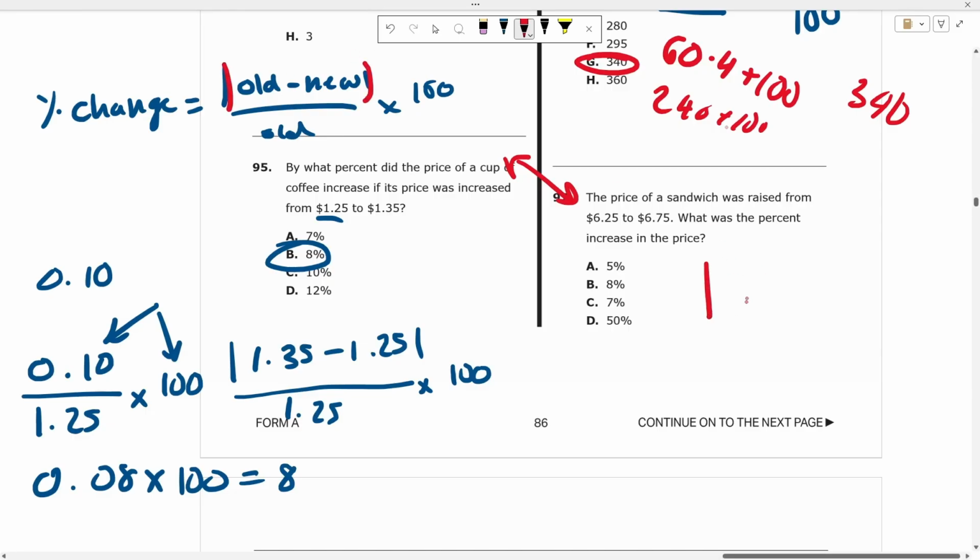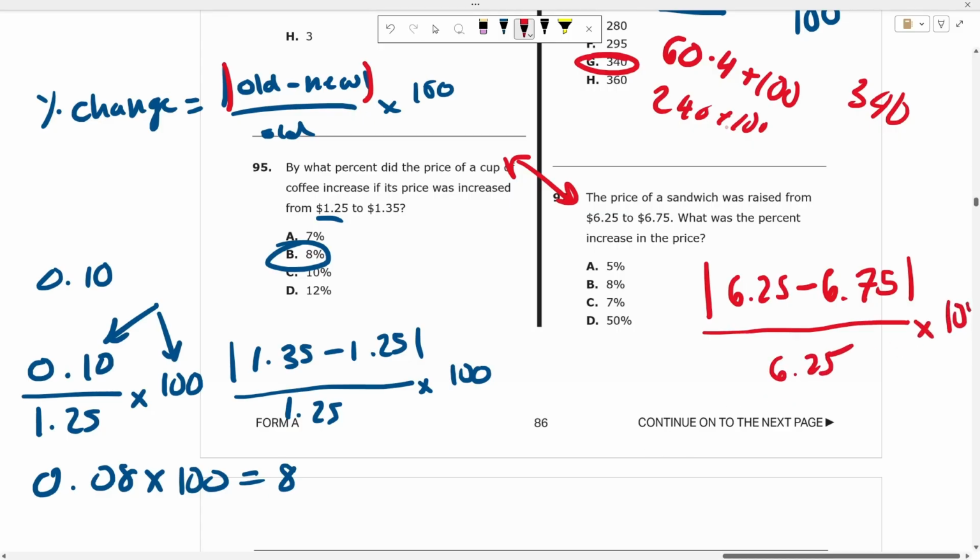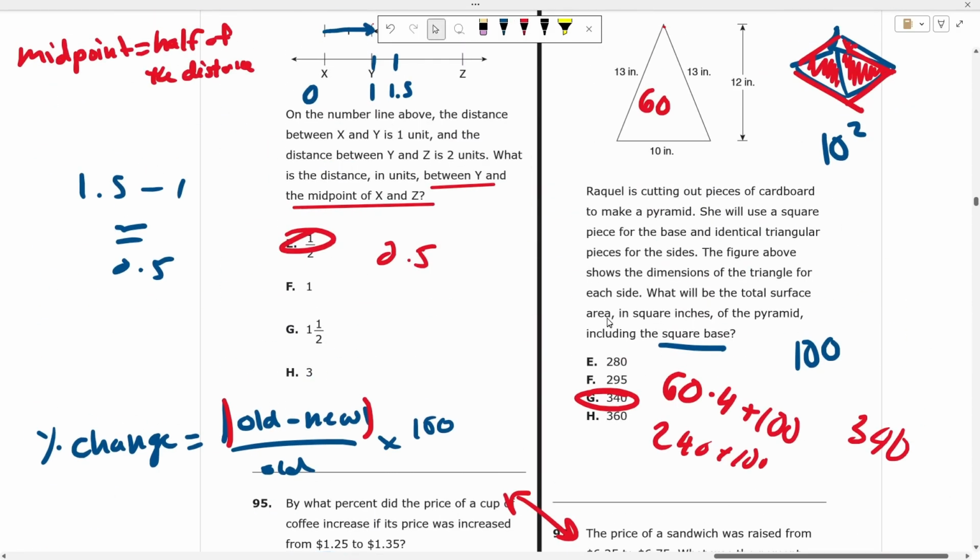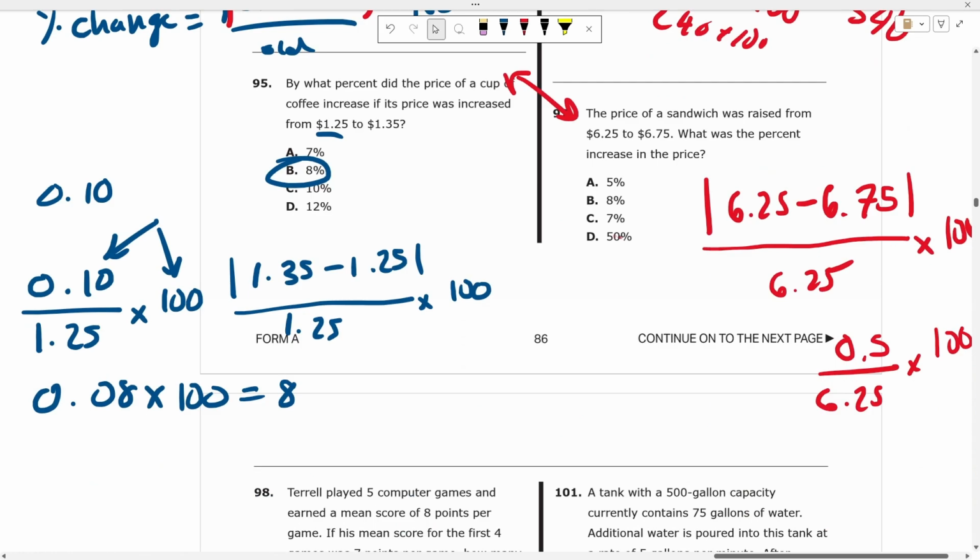So in this case, we have to do 6.25 minus 6.75, absolute value of that, divided by 6.25 times 100. Or in this case, you're doing 0.5 over 6.25 times 100. And then when you go ahead and solve that really annoying math, sorry about that, you're going to get choice B.